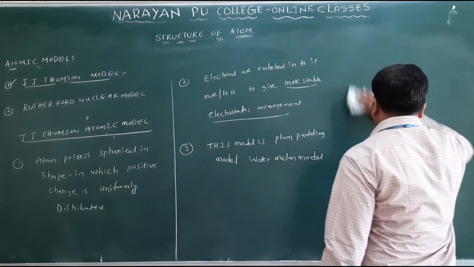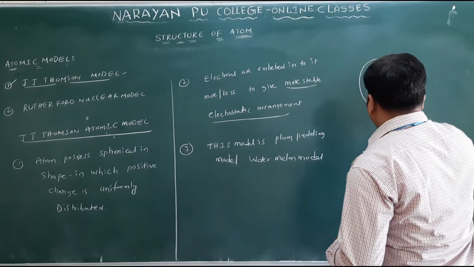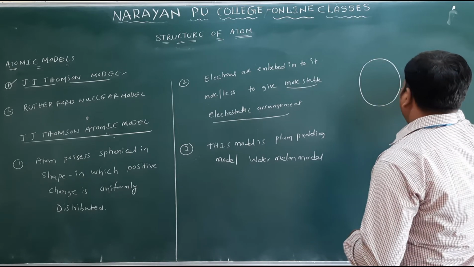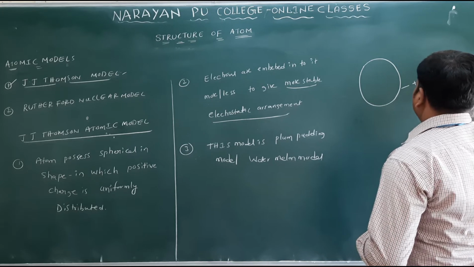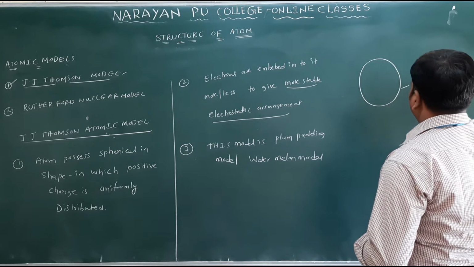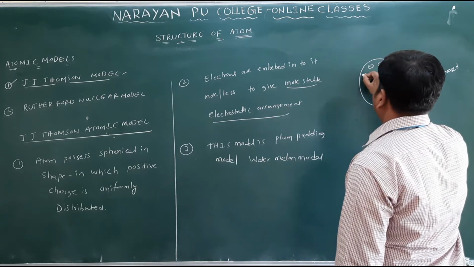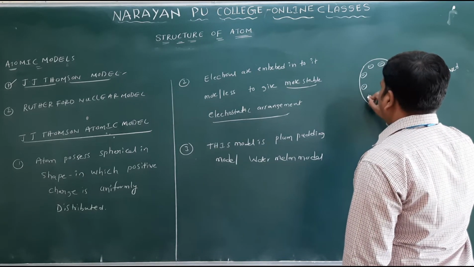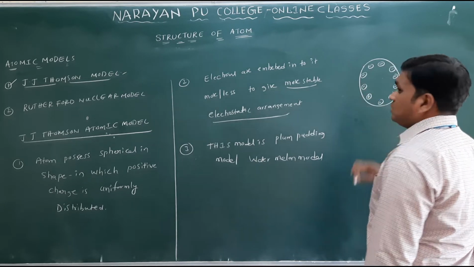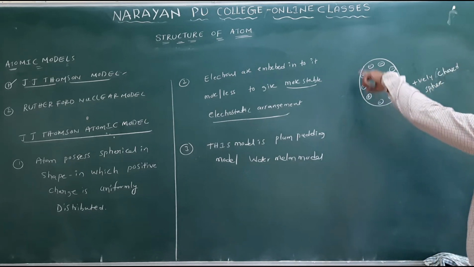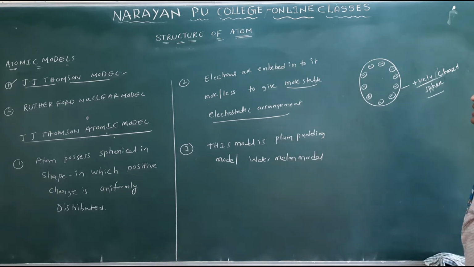Imagine it is a positively charged sphere, and then some negative charge is present here. The sphere is positively charged, and the negatively charged electrons are present inside. Then what do you get? It gives a stable arrangement.